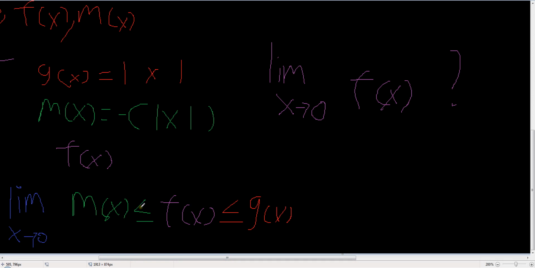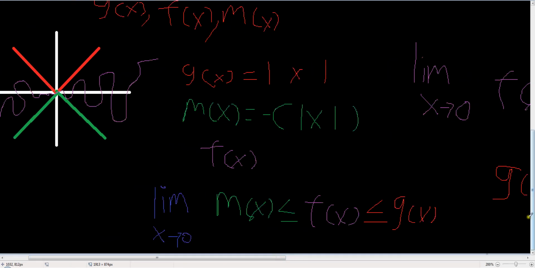So let's plug in g of x and n of x at x approaching 0, and we get g of 0 is actually just 0, because 0 to the absolute power is just 0, and that's also equal to n of 0, because negative 0 is just 0. So what is f of x when the limit x approaches 0?